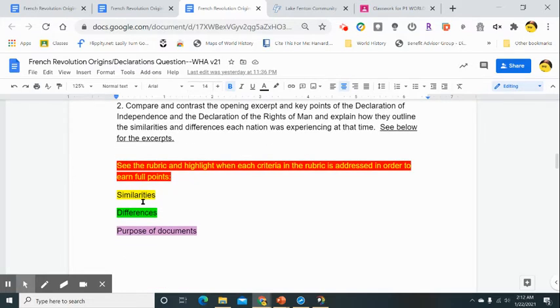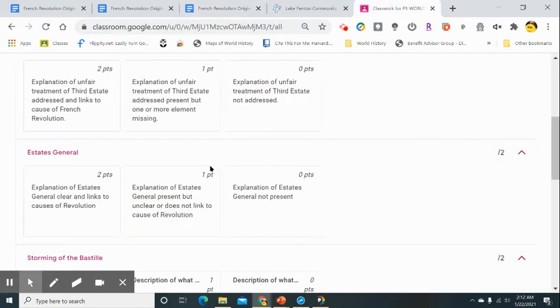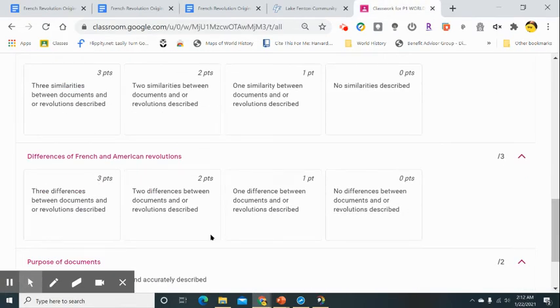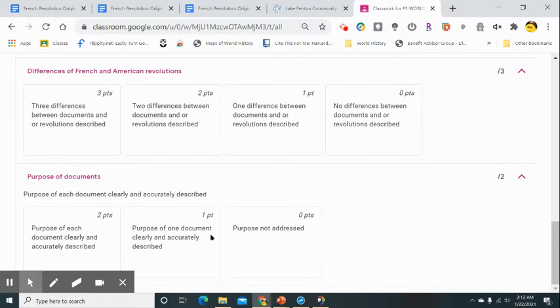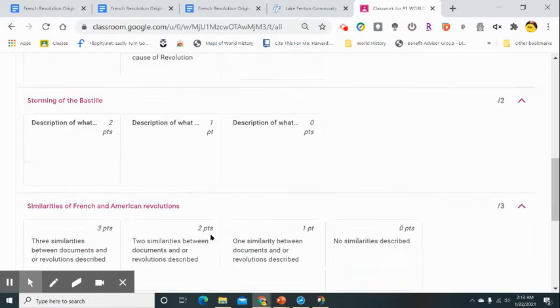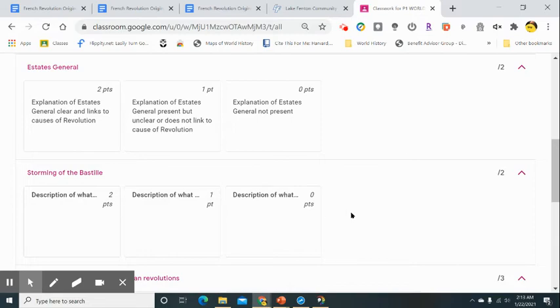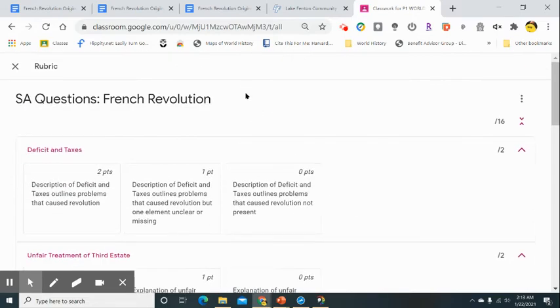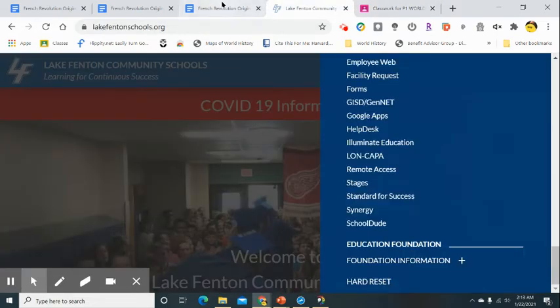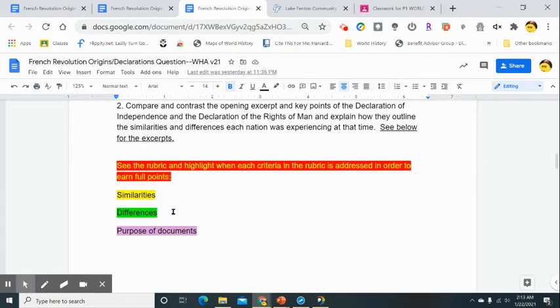See the rubric for this: three similarities, two differences. The purpose of each is clearly defined, and the similarities and differences are clearly defined. So highlight the similarities, differences, and the purposes each in a different color.